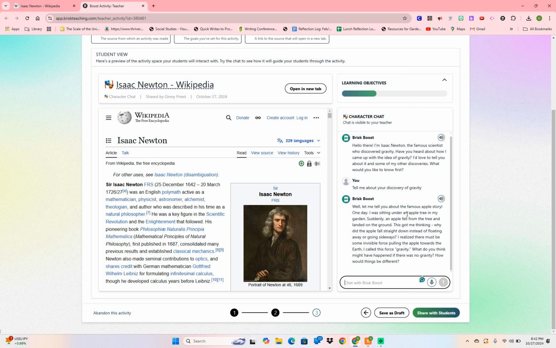Well, let me tell you about the famous apple story. One day I was sitting under an apple tree in my garden. Suddenly, an apple fell from the tree and landed on the ground. This got me thinking, why did the apple fall straight down instead of floating away or going sideways? I realized there must be some invisible force pulling the apple toward the earth. I called this force gravity.